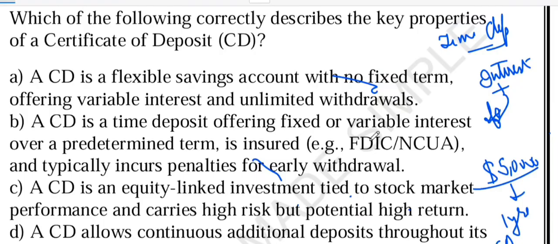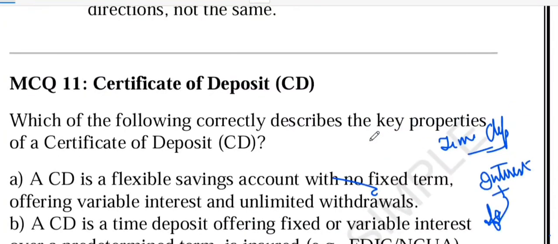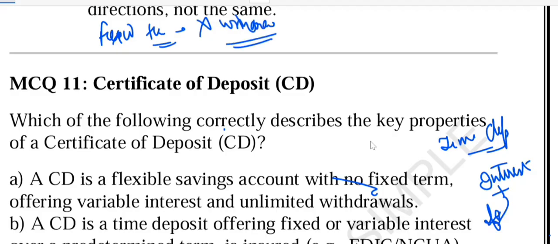So what are the key features of a CD? First of all, the term is fixed, which means you can't withdraw early. This is the first point. Second point is guaranteed interest. Unlike a stock, your rate is locked in.